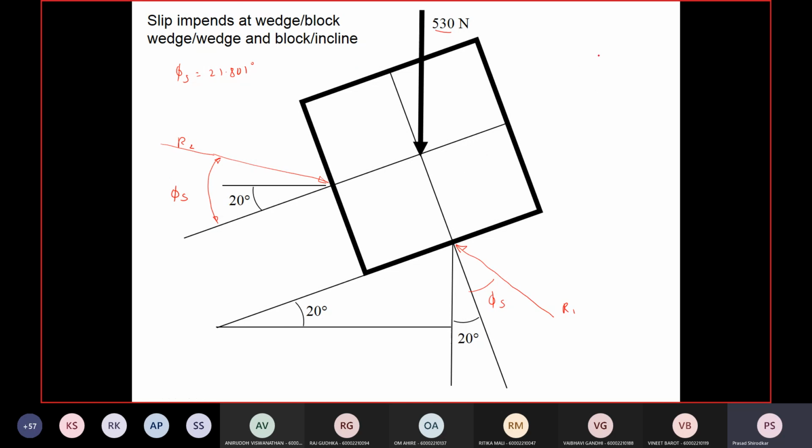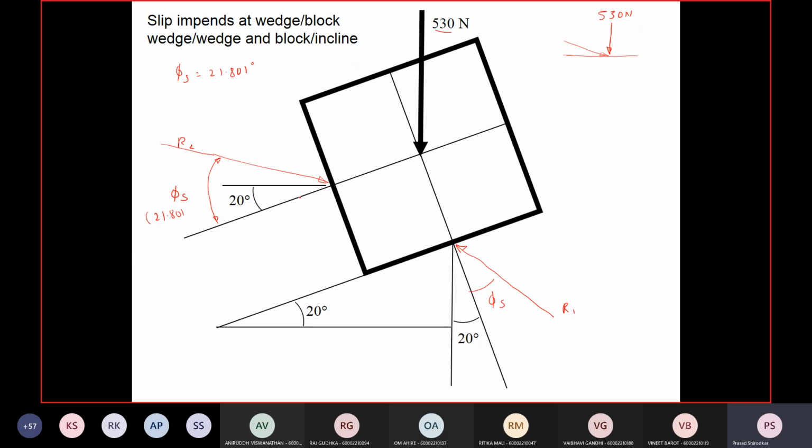So now if I construct the, I've again reduced the system into a three-force system. So a vertical force 530 newtons acting downwards, and this force R2, and this is 21.801 degrees.